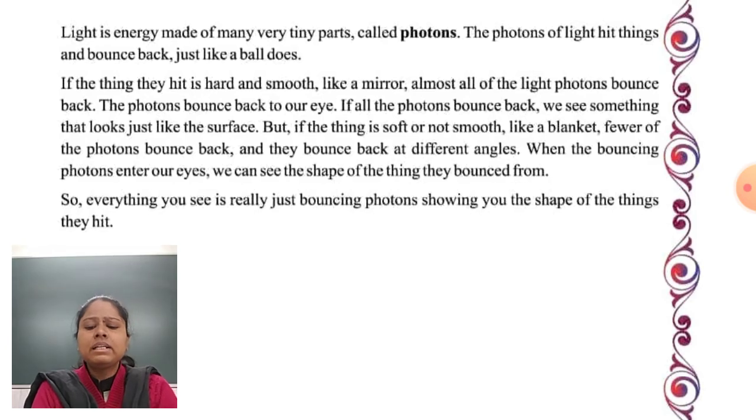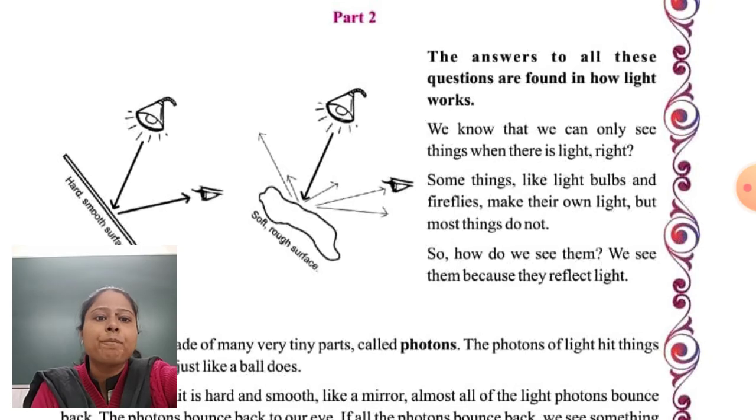But if the thing is soft like a blanket, then only a few photons will bounce back, and that is also at a different angle. When the light falls on a soft thing like a blanket, all the photons will not come back directly, they will go in different directions, as you can see in image 2. The photons are not going in one direction, they are going in different directions to our eyes.